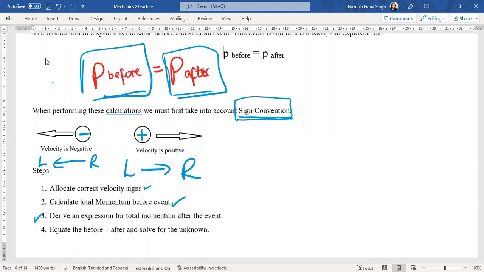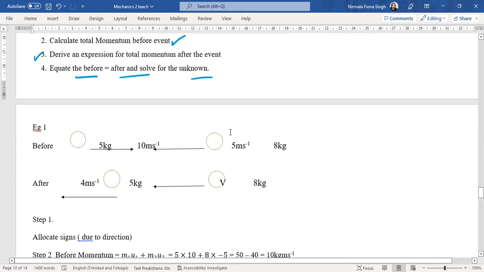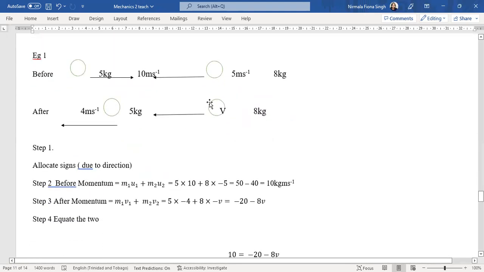A number being a known quantity and the letter being an unknown quantity, because we want to be calculating unknown things. And then we equate our before to our after and solve for an unknown quantity. But the very basis of this entire topic is momentum before is equal to momentum after. So let's try an example.